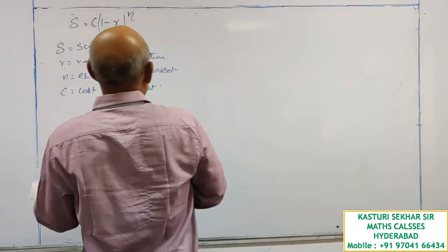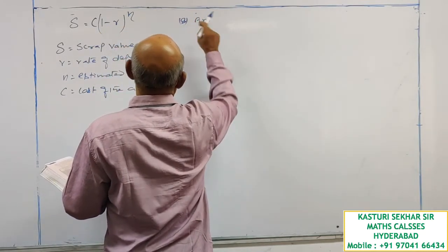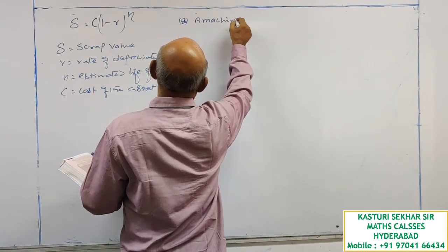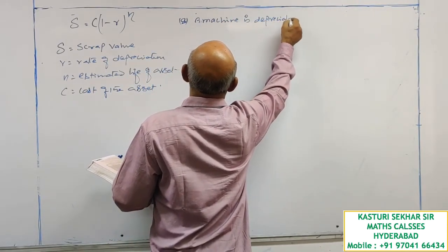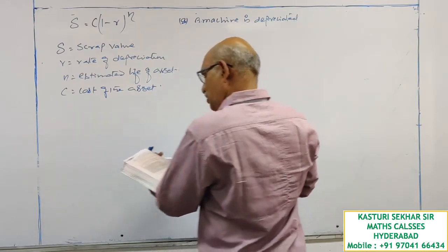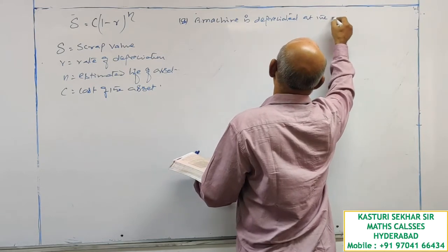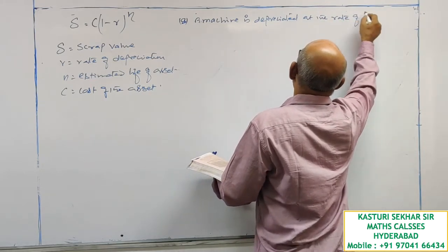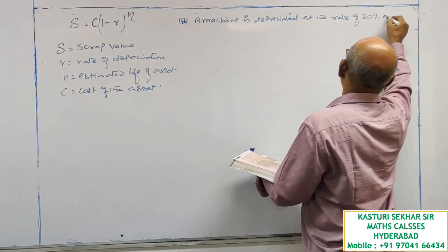A machine is depreciated at the rate of 20% on a reducing balance.